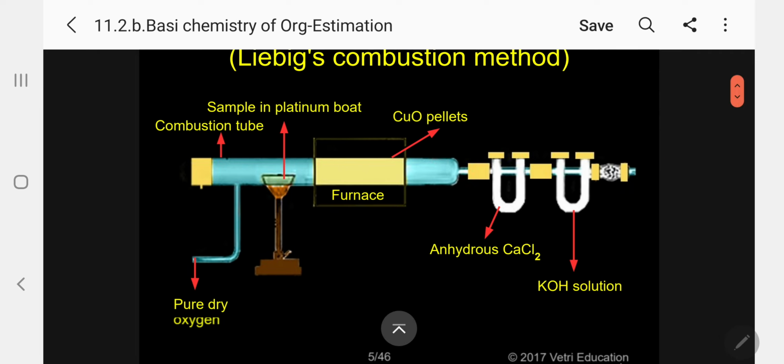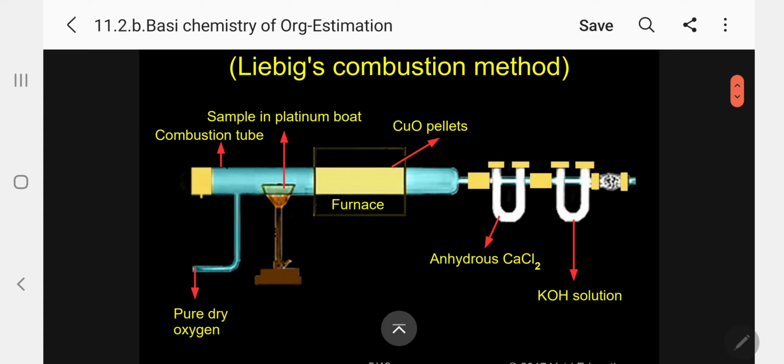As you know already, the carbon present is converted into carbon dioxide, and the hydrogen present is converted into water. After the reaction is completed, pass pure dry oxygen through it so that it will carry away the vapors of carbon dioxide and the water vapor.